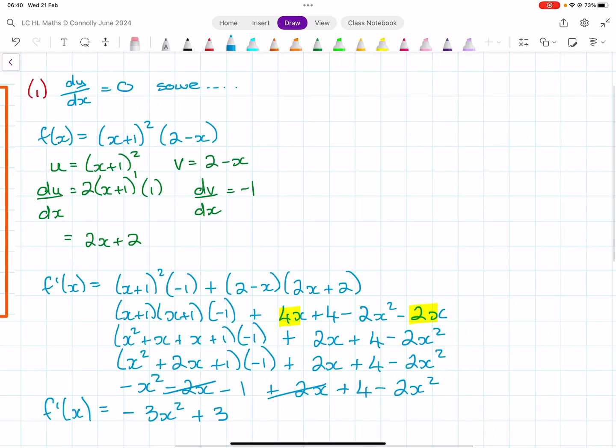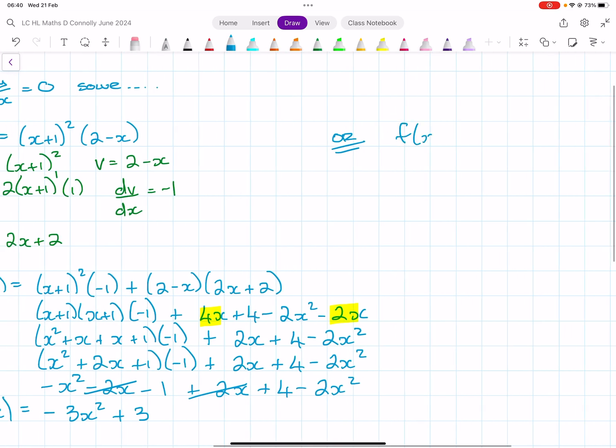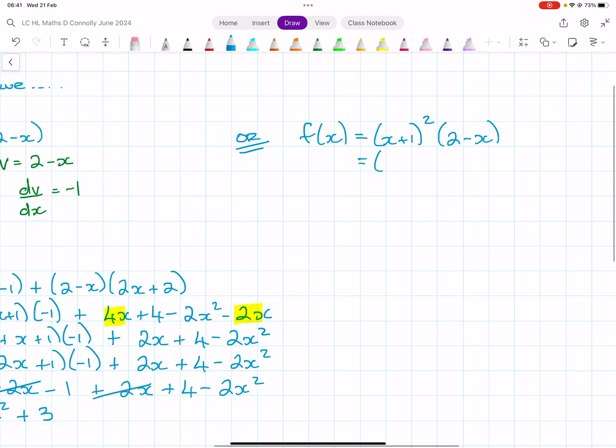All right, the alternative, as I was saying, was, I don't know which is easier, but to do the expansion at the start. So f of x is x plus 1 squared times 2 minus x. So x plus 1 by x plus 1 by 2 minus x. X squared plus x plus 1 by 2 minus x.